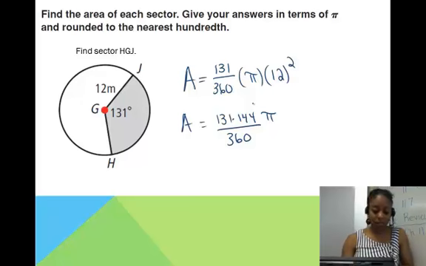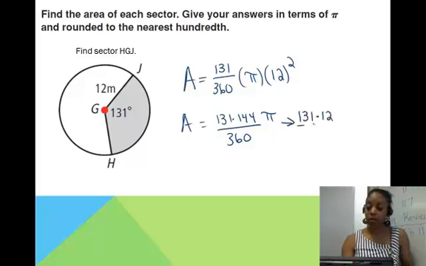Is 360 divisible by 16? I'm crossing my fingers. And it is not. So we have to do 12. So I would do 131 times 12 over 360 divided by 12, which is 30 pi.